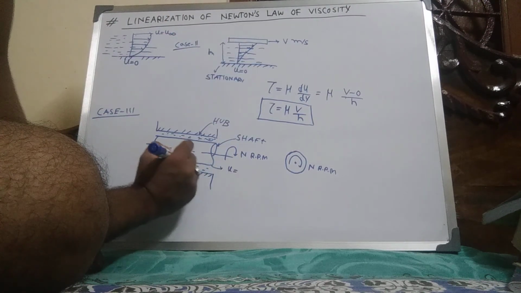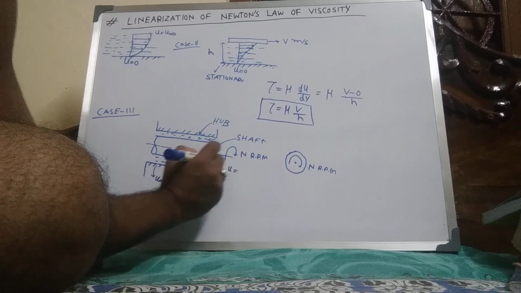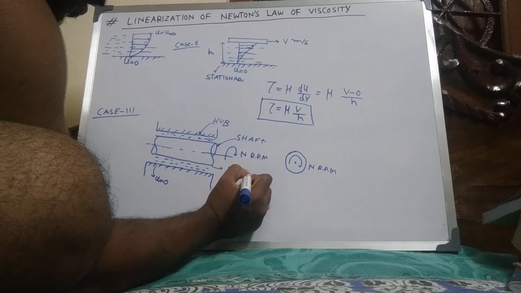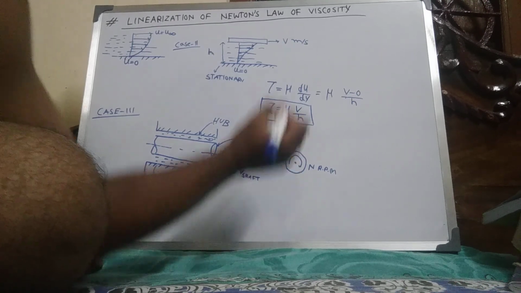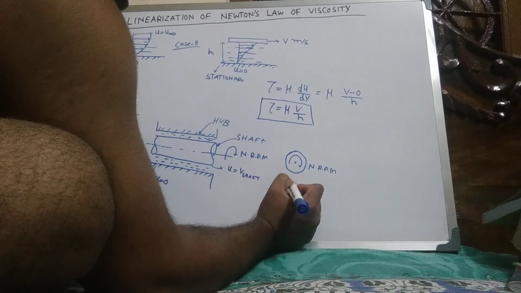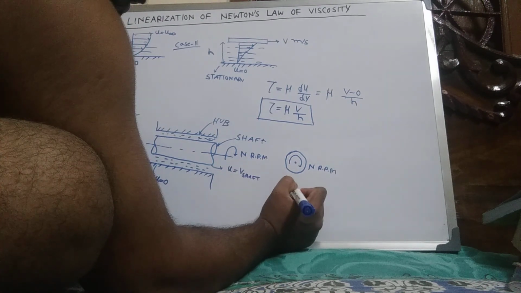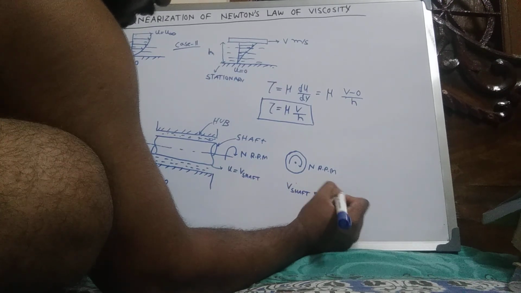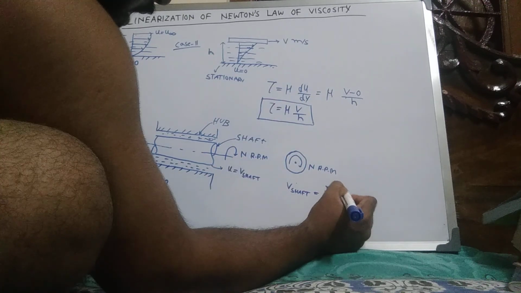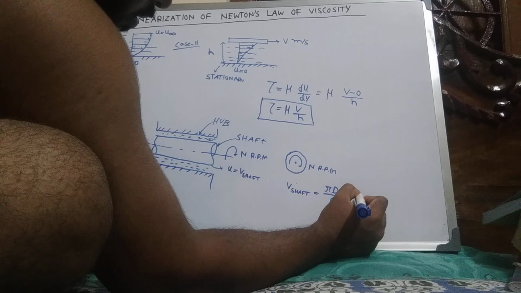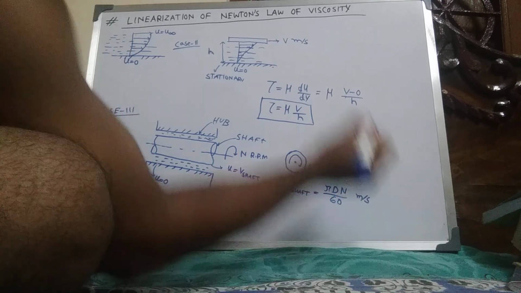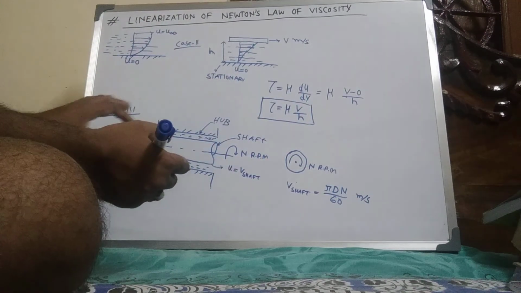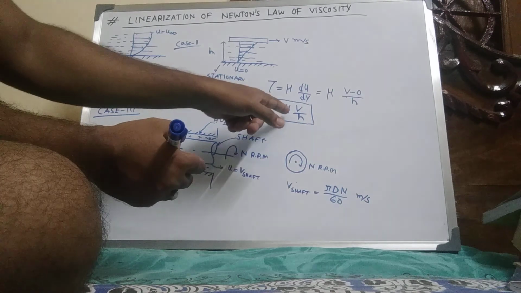And velocity of the fluid near the shaft is v, velocity of shaft, and the linear velocity of shaft is pi d N by 60 meter per second. And you can get the value of velocity from the shaft and put the value here.